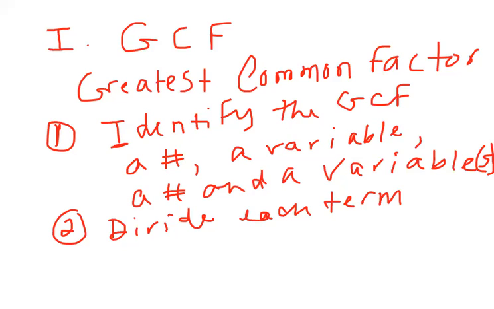When you're factoring with the GCF, the first thing you have to do is identify what the GCF is. The GCF could be a single number, as in a value. It could be a variable, or it could be a combination of a number and a variable or variables.